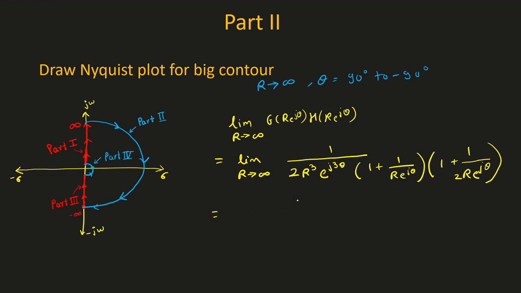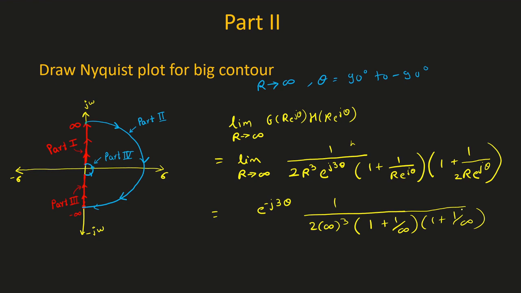If I put R equal to infinity, e raised to j theta can be taken into the numerator and written as e raised to minus j 3 theta, and we are left with 1 upon 2 times infinity cube, 1 plus 1 upon infinity, 1 plus 1 upon infinity. So this denominator entirely will become infinity, and 1 upon infinity will be 0.